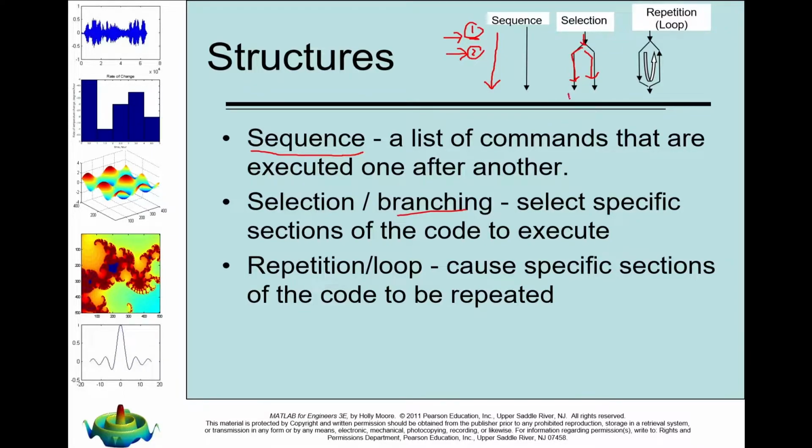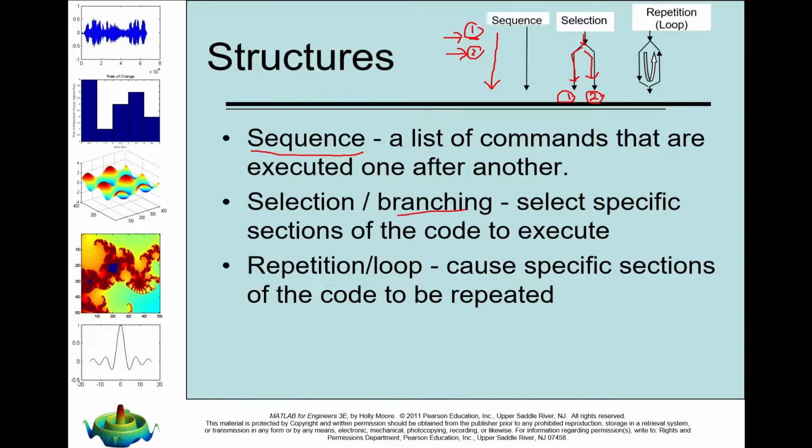Okay, so during these branches, the programmer will specify a certain set of criteria. Then MATLAB will execute that specific section, whether section 1 or section 2, depending on whether the criteria that the programmer set is true or false.